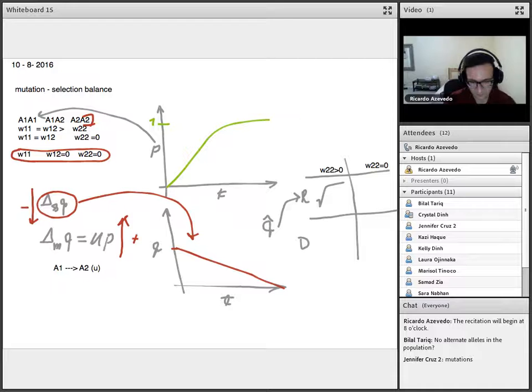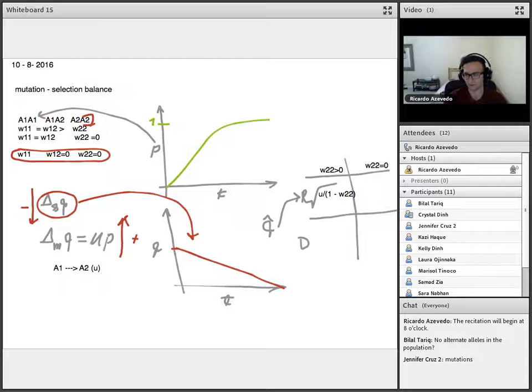So that would be the square root of U, the mutation rate, divided by 1 minus W22.